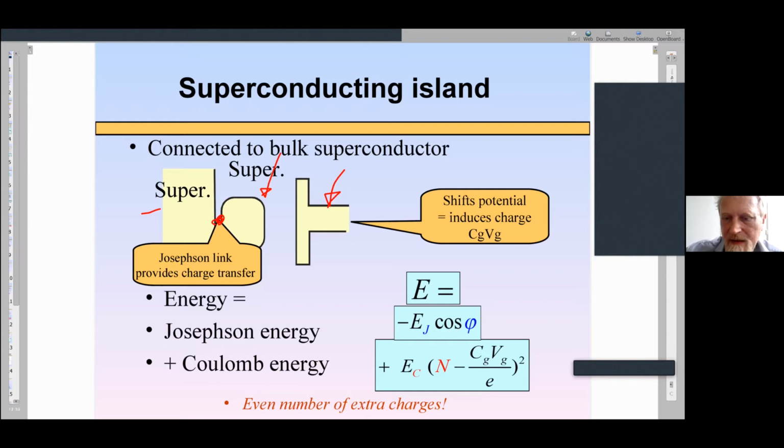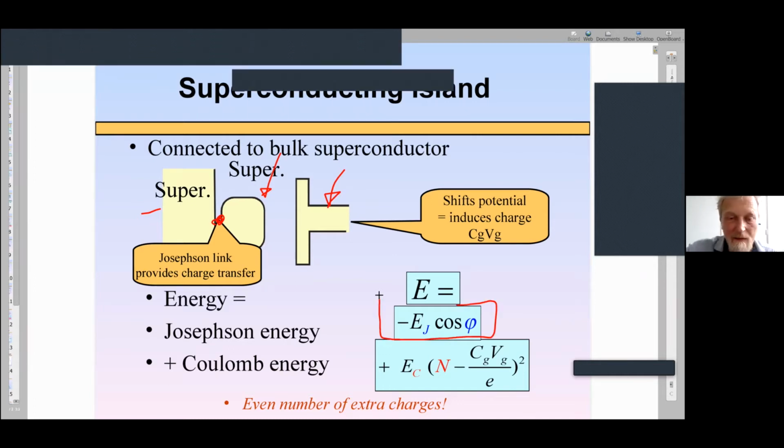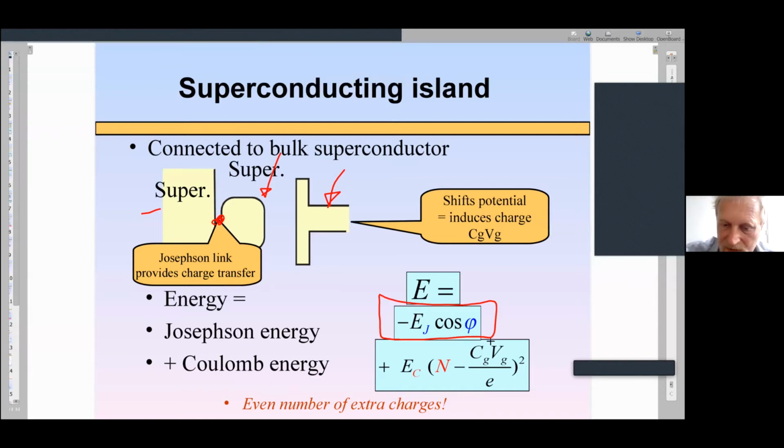As we have learned before, it's just a cosine-like function of the phase. In addition to that, we have the fact I just explained. We have Coulomb energy, which means that there's also a charge energy scale, and it is a function of the number of charges in the island.